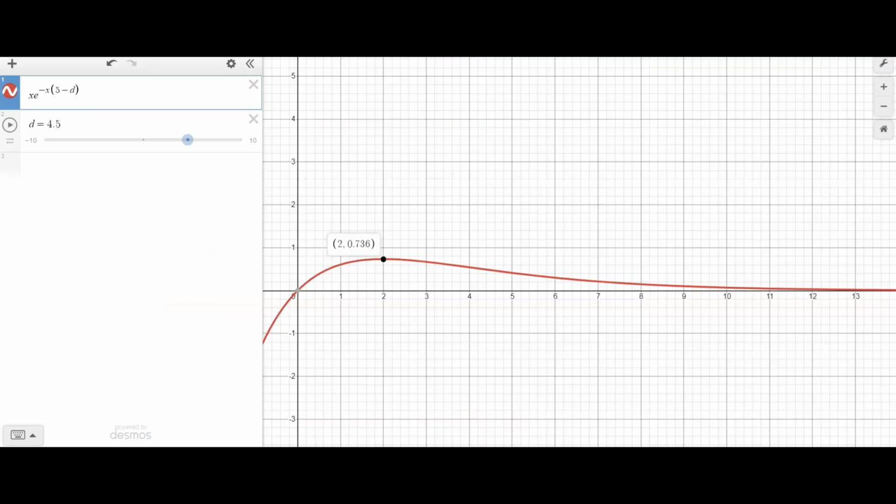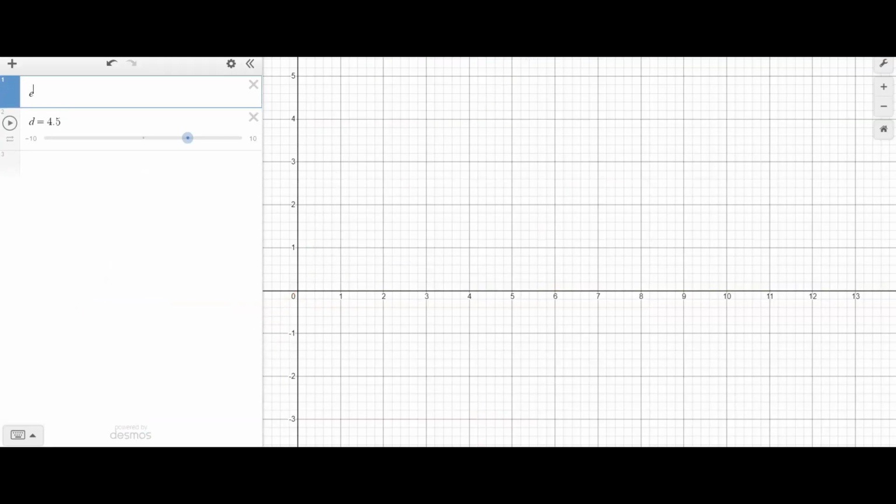And so what I'll do in here is I will just change this to e to the negative 5 minus x. And what we see is that there's an exponential relationship between concentration and the initial dosage that you took after 1 hour.